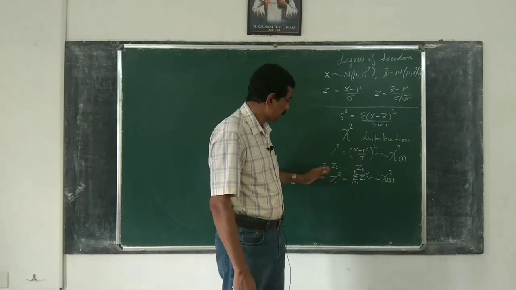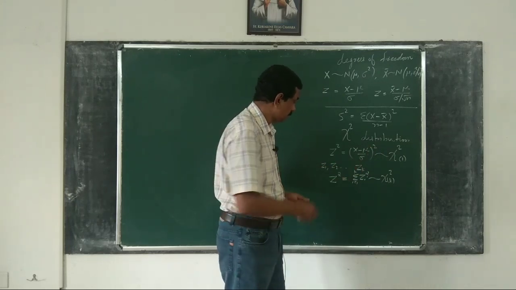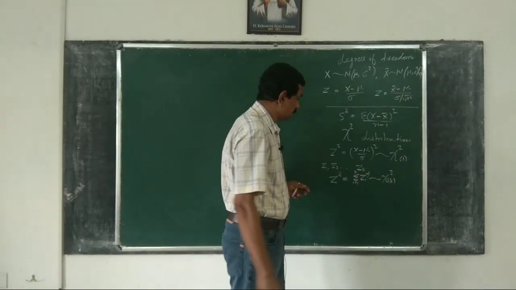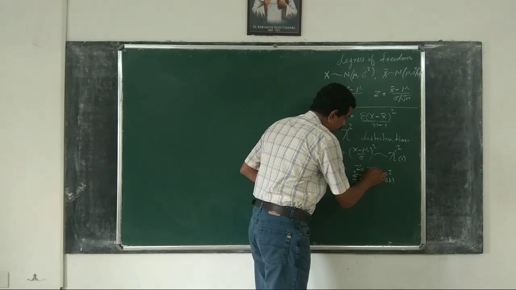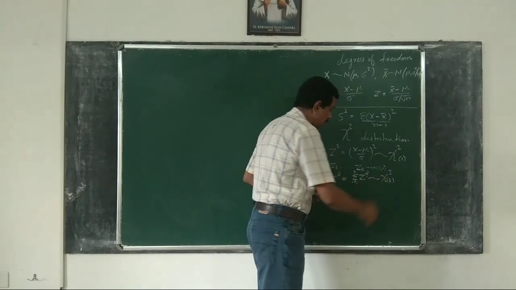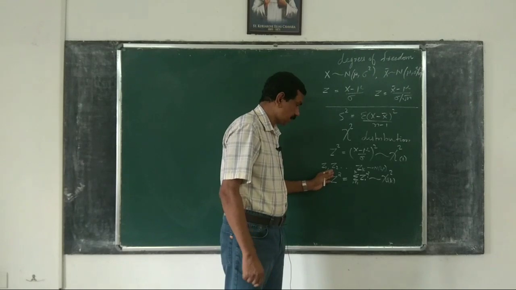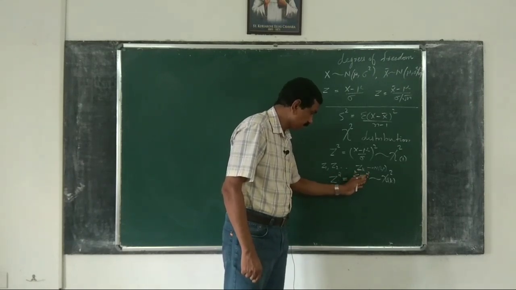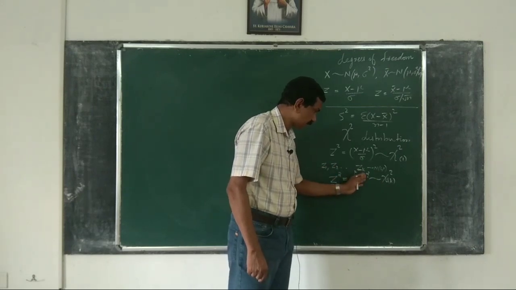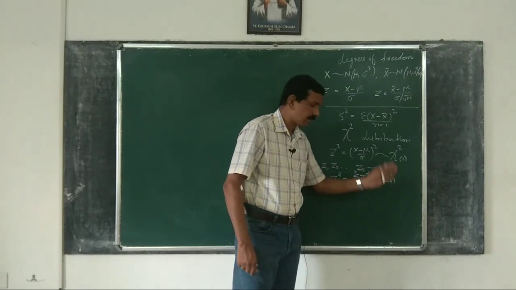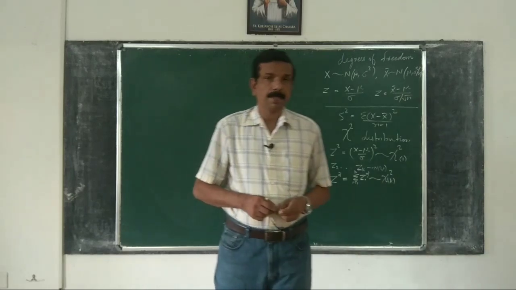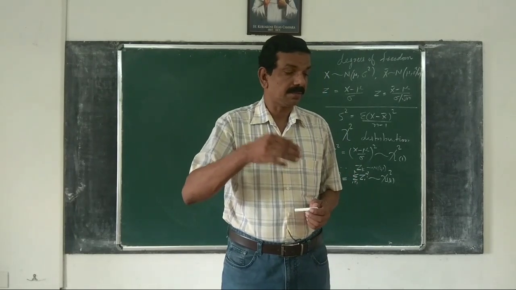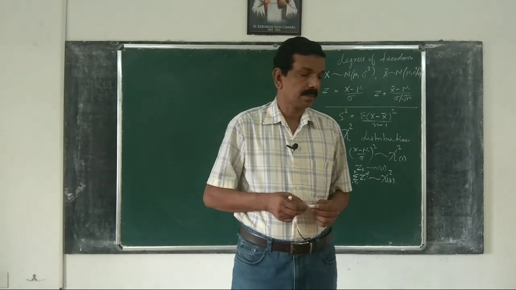Naturally, if Z1, Z2 to Zk are independently distributed standard normal variables, normal 0, 1, then the sum of the squares of Z1, Z2, etc. Zk follows chi-square with k degrees of freedom, where k is the number of independent terms in the sum.